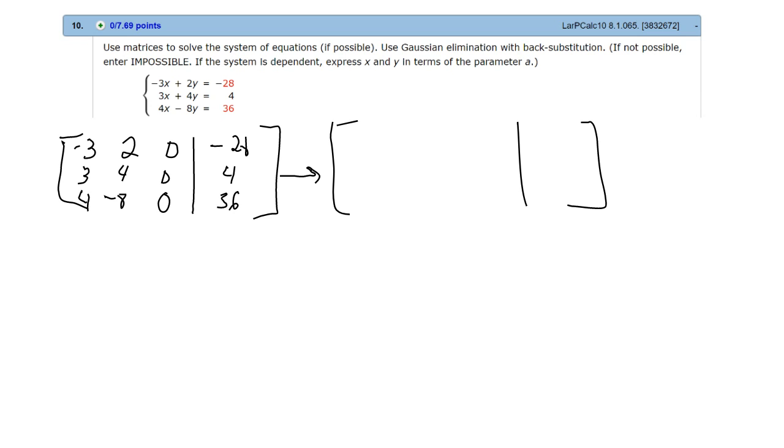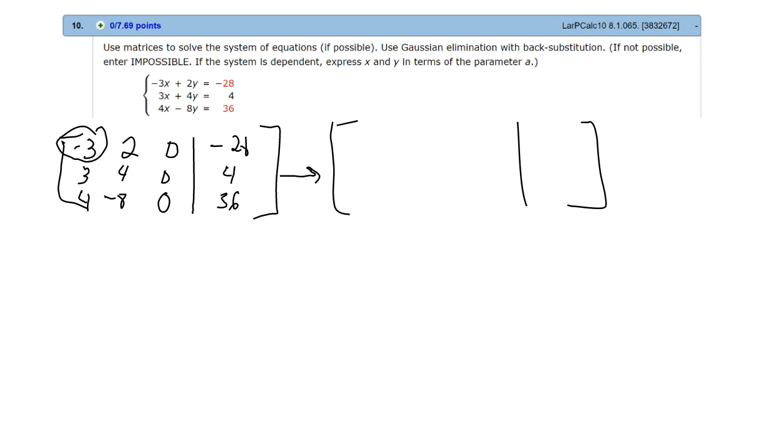Anyways, so here we have this number. We want to make it into a 1. Okay, so I'm going to go a little bit quick on this one, just because I want to show you something and not run out of time. But to make that a 1, what would I need to multiply that -3 by? So -3 times what would give me a 1? -1/3.